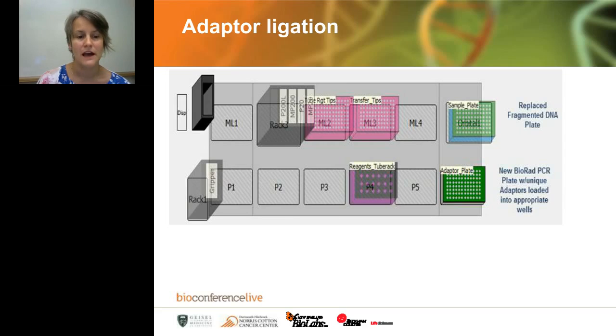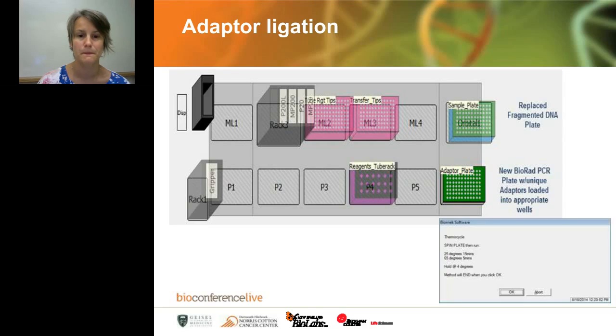And then we have a plate with the 96 adapters, or 48 adapters in this case, uniquely loaded here. And then the reaction proceeds from there in that plate with the new adapters. And again, at the end of that, we have a prompt telling us exactly what to do with the sample and which stage we're at in the protocol.